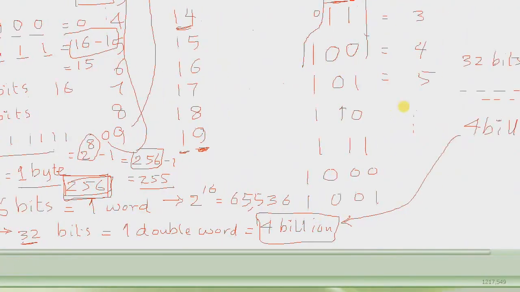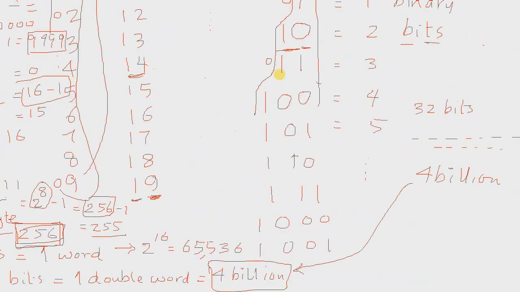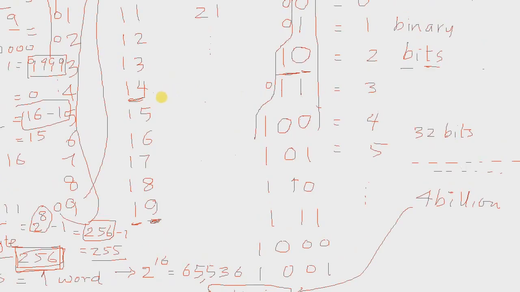Anyway, this was just a brief introduction, or at least enough introduction to the binary number system that will allow us to define what variables are and the types of variables and how they are represented in computers in the subsequent lectures.